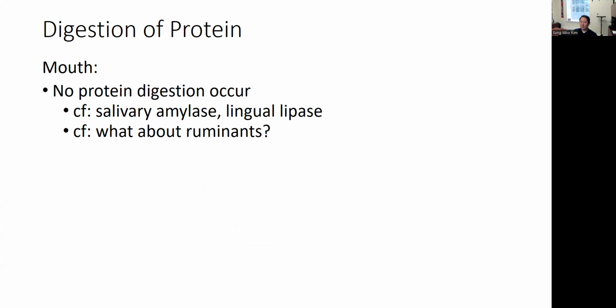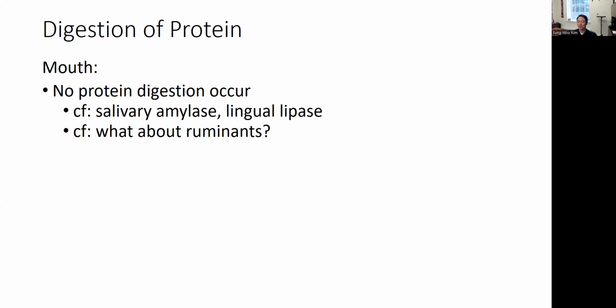Okay, let's talk about protein digestion in the mouth and the stomach, and then we stop and move to the second section. In the mouth, there's no protein digestion happening.